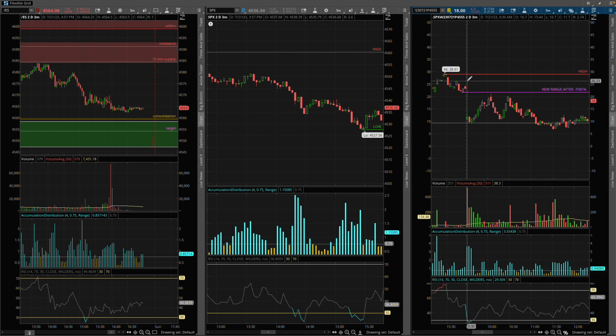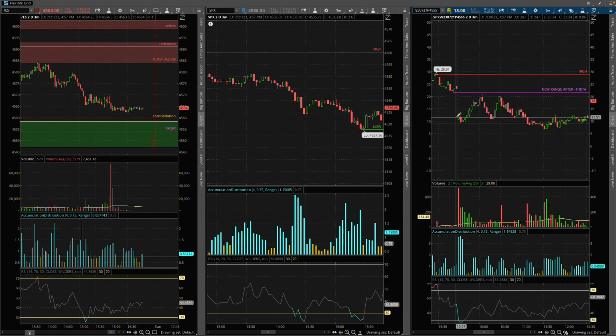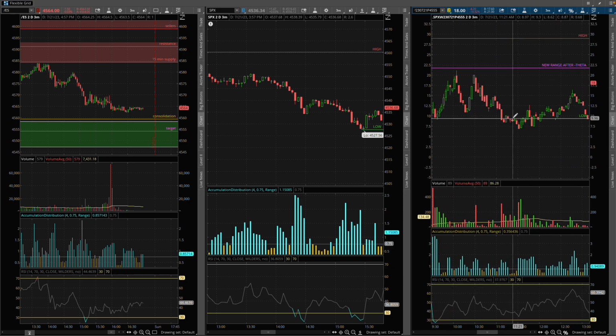So since we were at 0 days to expiration, the time decay was massive. The contracts lost $1,000 overnight just in value because of the time decay. So we marked the new area after the theta. We subtracted the theta, so we have that marked on our chart. So we were able to see if we were getting in on this contract at the low or at the high, which is very important.